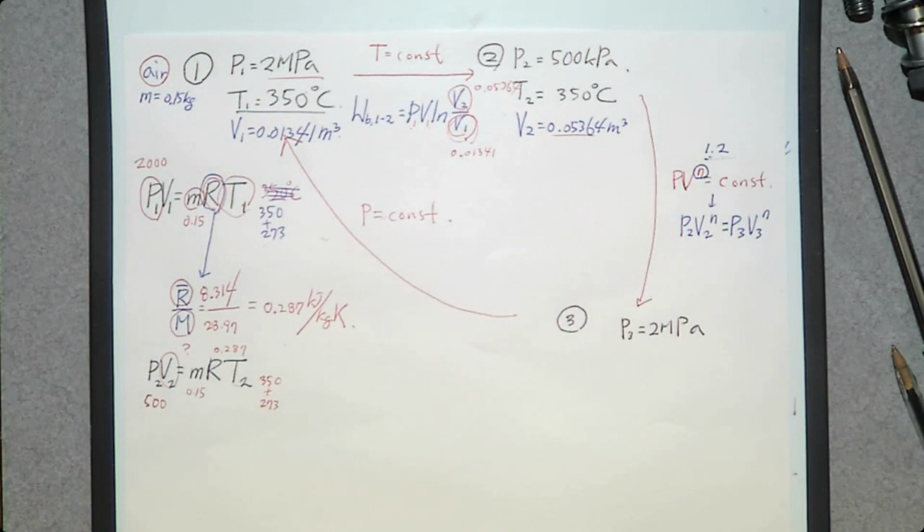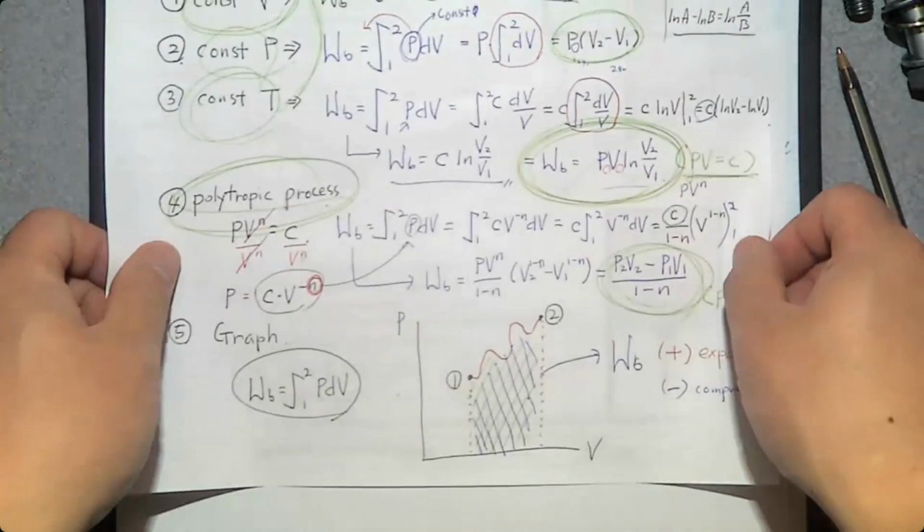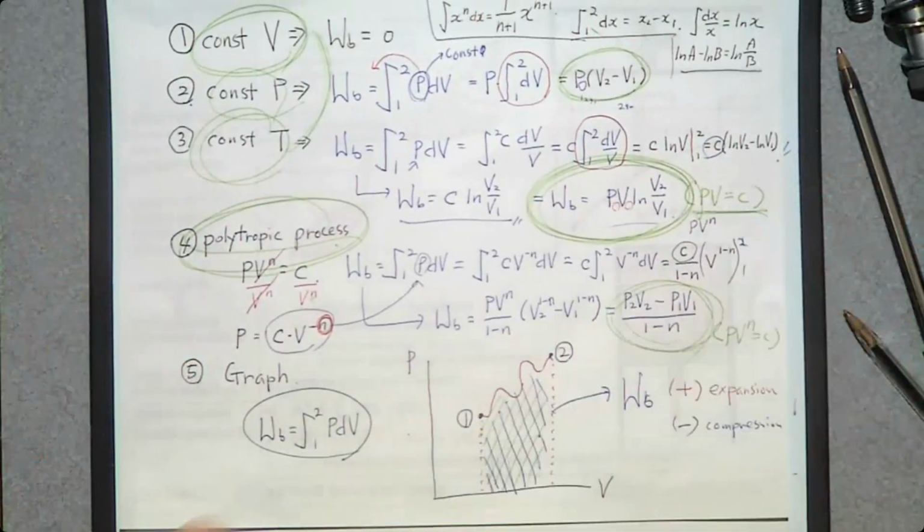Because when you have a constant temperature process, pressure times volume is constant. That means P1 V1 is the same as P2 V2, is the same as P3 V3. Remember that, right?